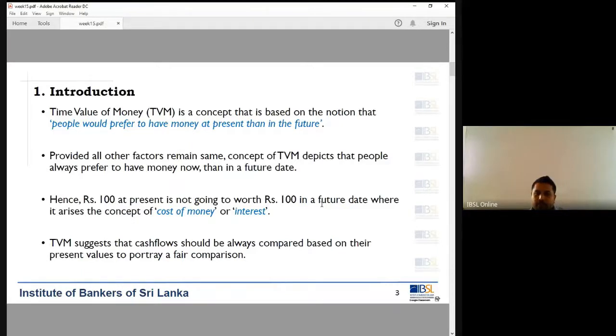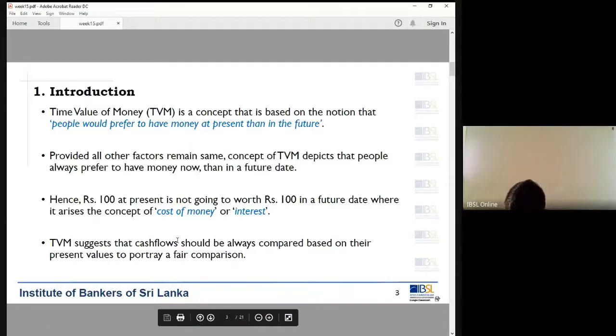So if you want to compare that 1,000 rupee with the 1,000 rupee that you're going to get in 7 months time, obviously the missing factor is the term that we name as the interest, where you need to pay the person who is getting 1,000 rupees in 7 months time some additional money in order to compensate the foregone opportunity, or that is what we call as the cost of money.